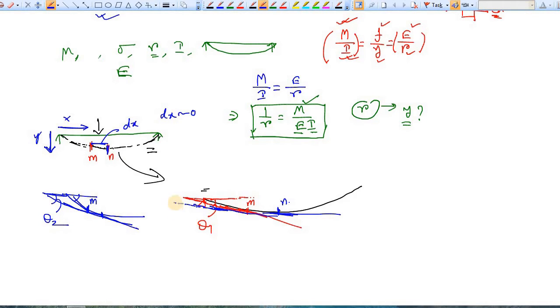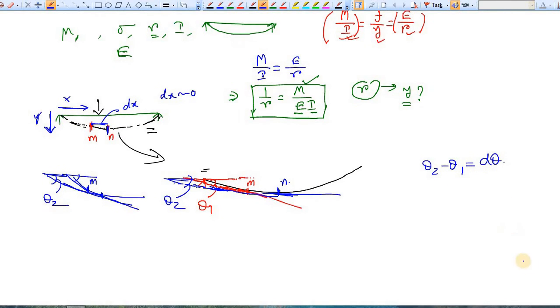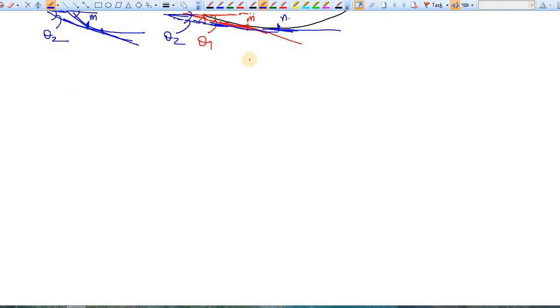Let's say this is theta 2. So the angle made by the tangent at n is theta 2, and there is a difference. Let's say theta 2 minus theta 1 is d theta, and again draw a perpendicular both at m and n. This was our curve, and this was one tangent, this was another tangent.